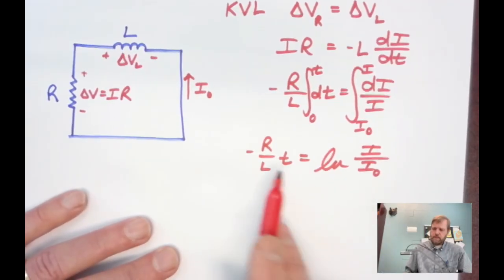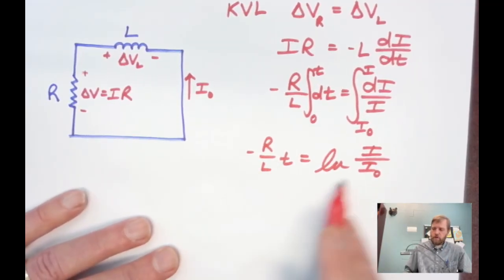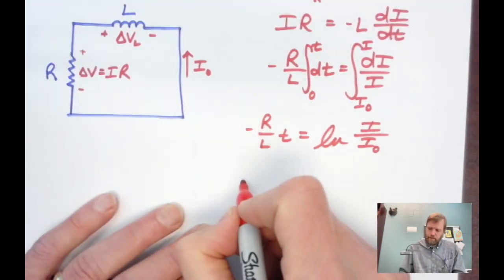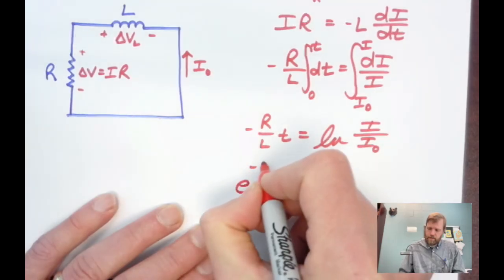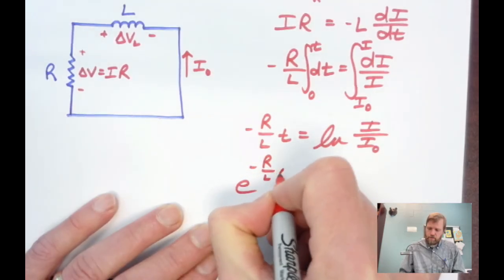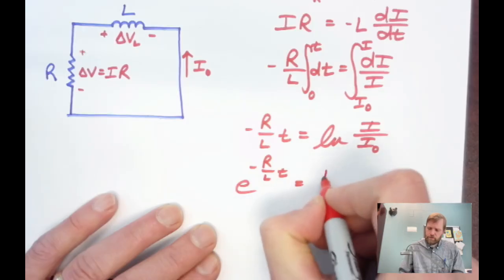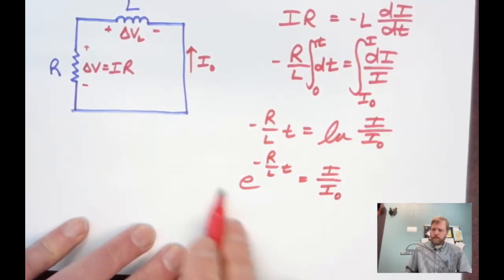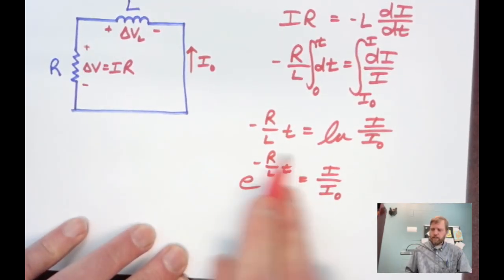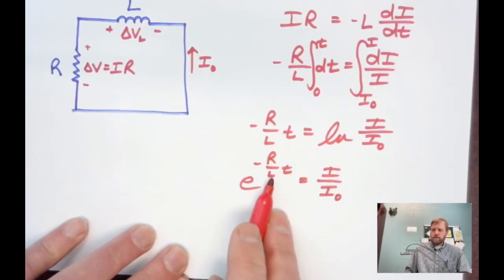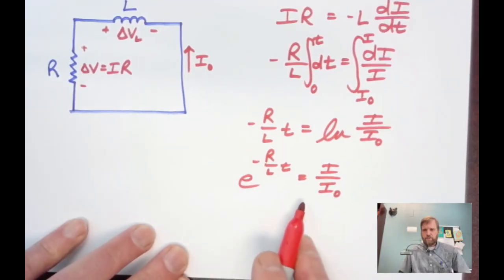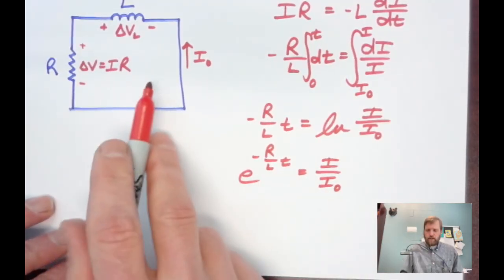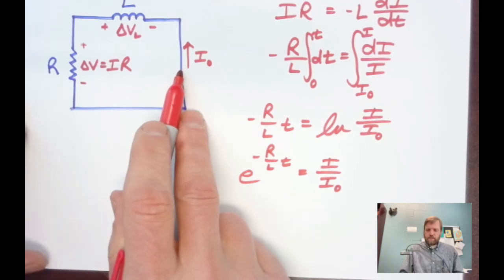Instead, we take e to both sides, and then we can rewrite it as e to the minus R over L t equals I over I naught. Or we can put I naught over here and say I equals I naught e to the negative R over L t. We can rearrange this however we need, but this is the equation that shows you how the current changes in this circuit.